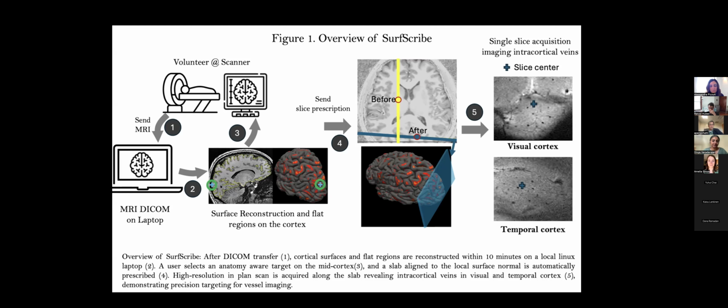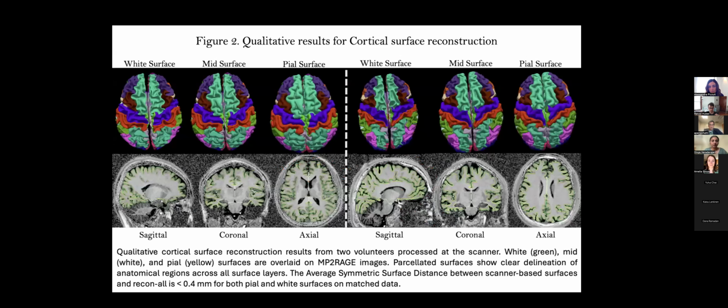The innovation here is running this automatic surface recon and analysis at the scanner. We acquired a few different volunteers at the scanner, and here I show some examples of surfaces that were reconstructed, and this is all done within a minute. So it's very real time and quite accurate in its reconstruction.